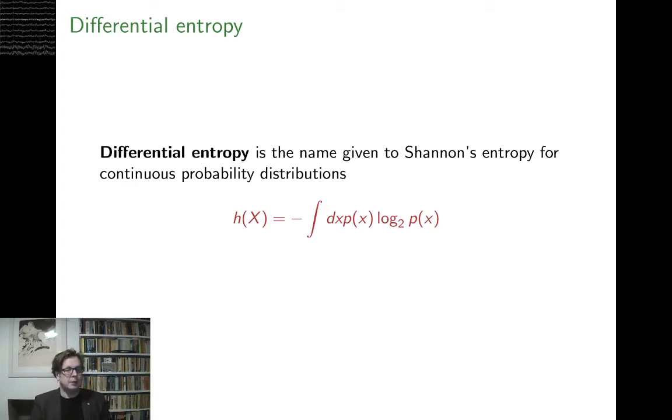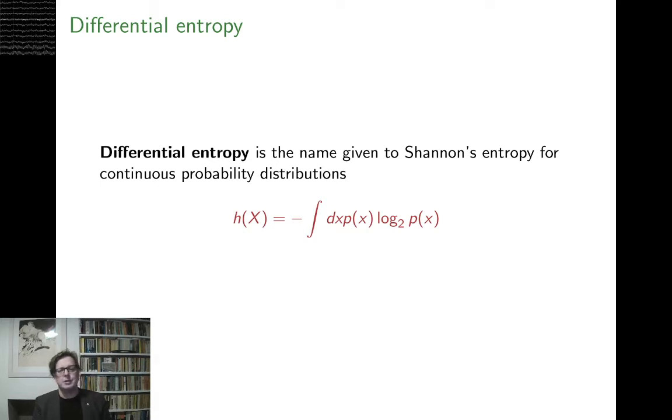So this differential entropy is, as I said, the obvious guess as to what the entropy for a continuous distribution might look like. We'll see very shortly when we look at the examples that it lacks some of the nice properties that Shannon's entropy had in the discrete case, but nonetheless it'll turn out to be a useful object, not least because of its relationship with the mutual information for continuous distributions.